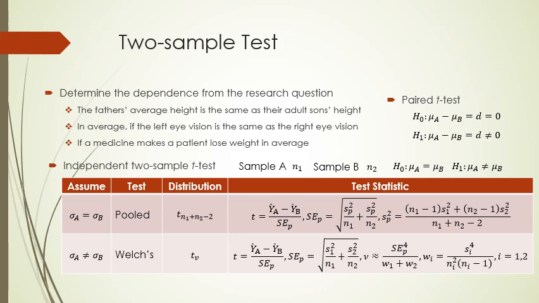The first dependence is caused by the genetic connection between the father and the son. The second dependence is due to the fact that both eyes are organs of one individual. The last one is because the patient weights at different times should be related.